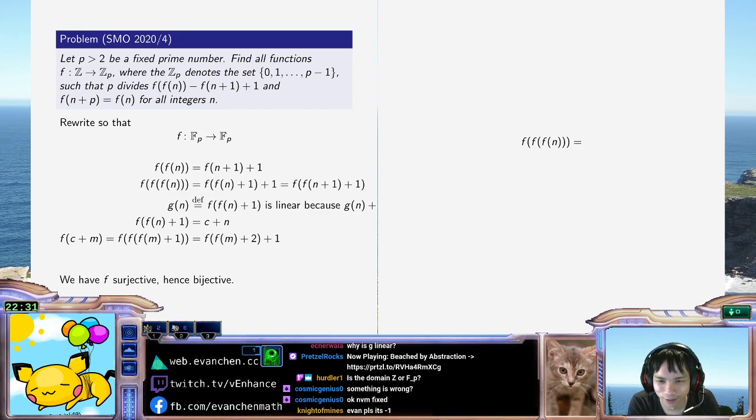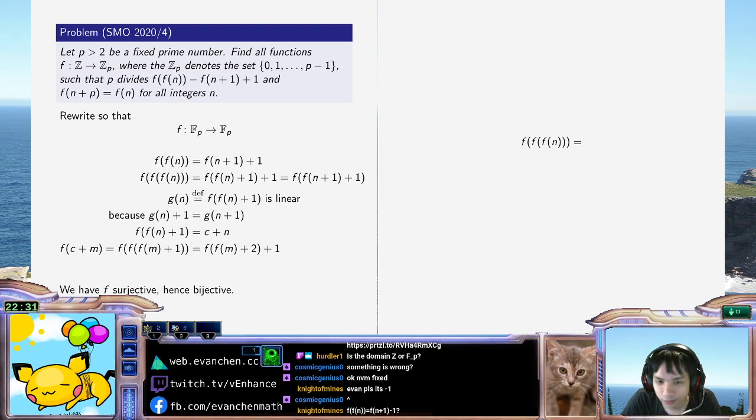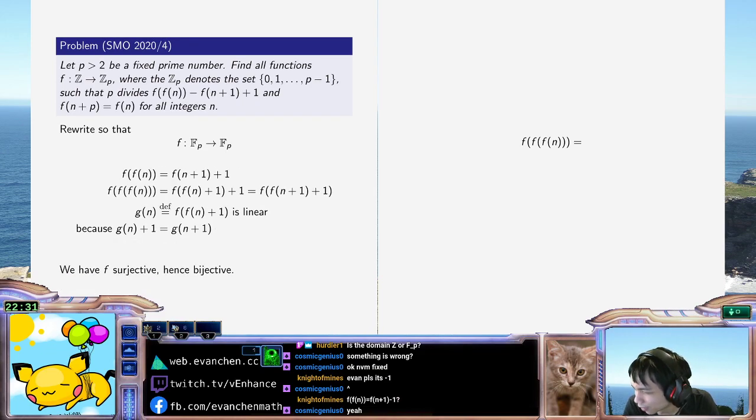People are upset at me, I did something wrong. f of n, this is g of n all plus 1 is g of n plus 1, right? Am I a crazy person? Please, it's minus 1. Wait, is this okay? Did I screw something up? I think this is right?